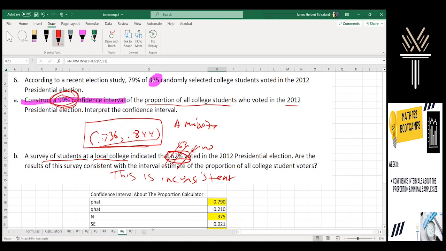We don't know if they messed up their study and they meant to say 92 or 82 or something like that. We have no idea. We just know we can't trust this number. It doesn't match what we are seeing. Because only 1% of the time does this approach not work. So we can be pretty confident that what we did is the right way of doing it. And so what we can essentially say is, hey, people, you need to redo your analysis or understand your people are just different, something to that effect.